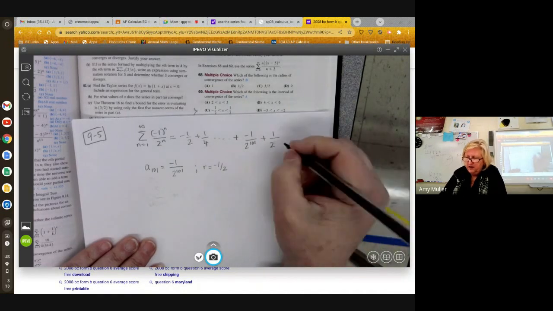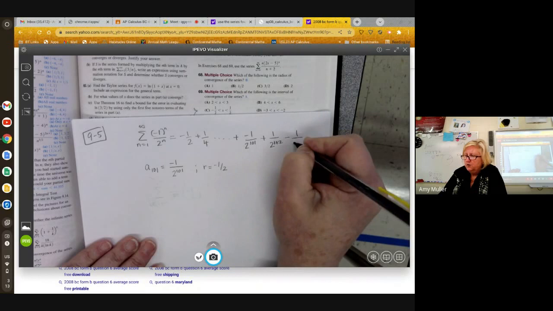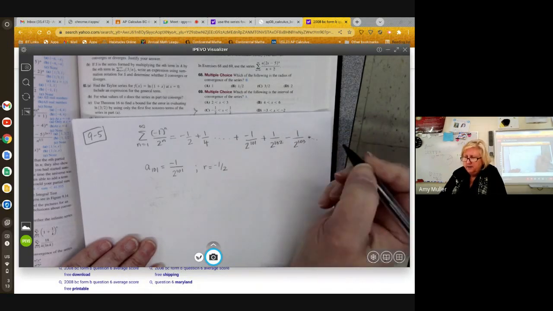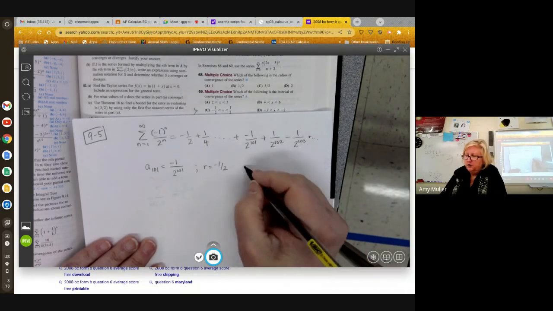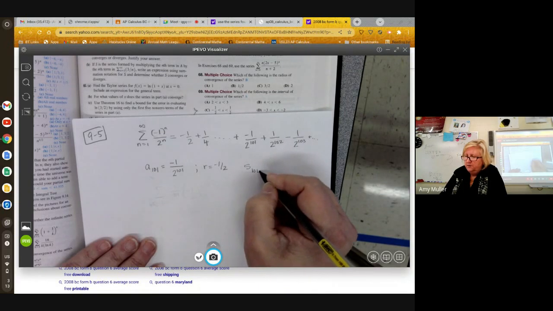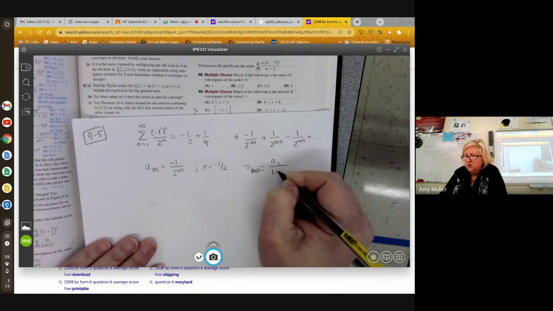Do you agree with that? Yes. And then minus 1 over 2 to the 103 and so on, right? So I know that the sum of a geometric series to infinity is going to be a sub 1 over 1 minus r, isn't it?